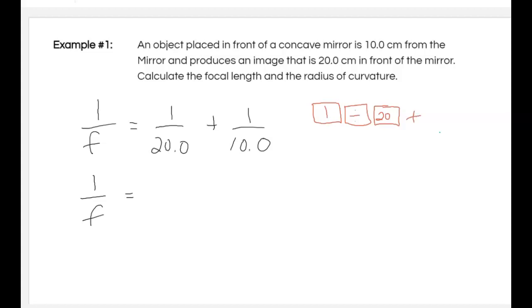And then plus, and then you're going to need to use those brackets symbols to open the bracket. And then you're going to do the same with the 1 and then divided by 10. I'm running out of room here, but then you want to close your bracket and then press equals.